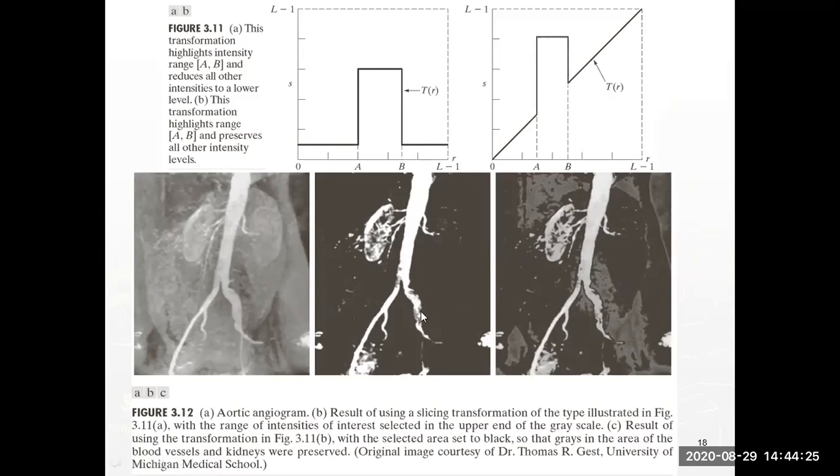That means in the first case, white becomes more white, black becomes more black. But in the second case, we are highlighting only: white becomes more white, and the remaining is the same. Did you observe that? In the first case, this type of slicing transformation technique is used to make white dots more white and black dots more black.